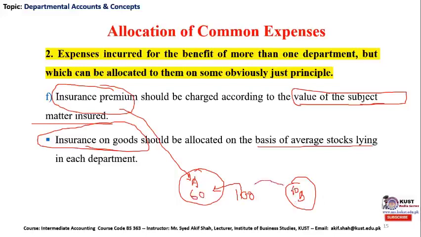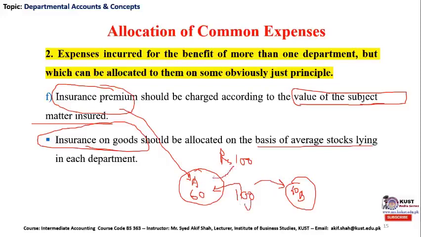So how to allocate the insurance expense related with each department? Let's suppose rupees 100 has been paid for the insurance of the inventory of 100 units.